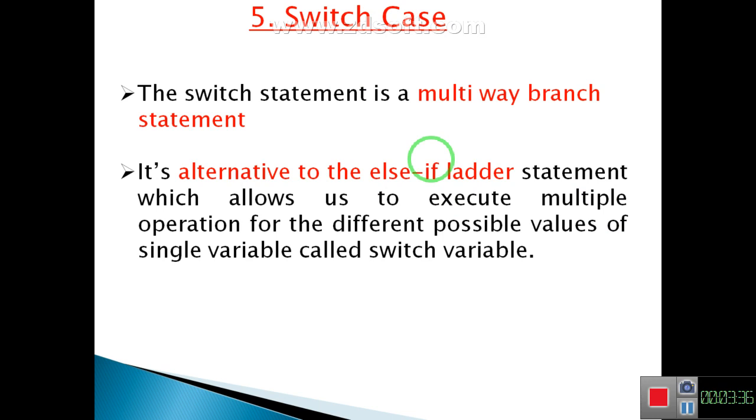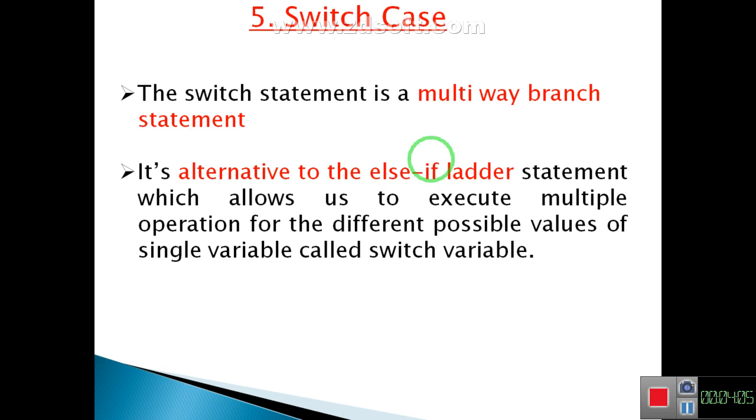In the else-if ladder, we select the body execution based on the condition. But in the switch case, it is based purely on the user input selection, or we can also provide an expression evaluation answer. For example, if I give 2, the corresponding case 2 will be selected and the corresponding body will execute.